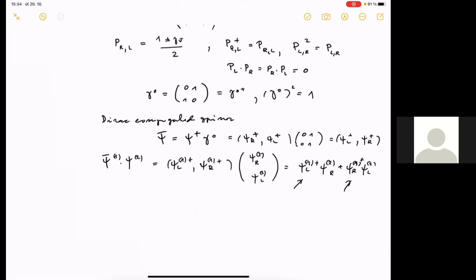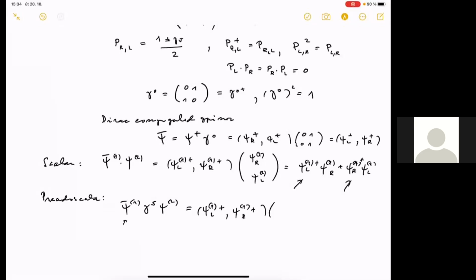So this is one type of the invariant, and we will see that this is the proper scalar. And we can also form a pseudoscalar, simply taking just this gamma 5 and forming such a bar. So what we get here, again, this psi 1 bar can be written as psi 1L cross, psi 1R cross.